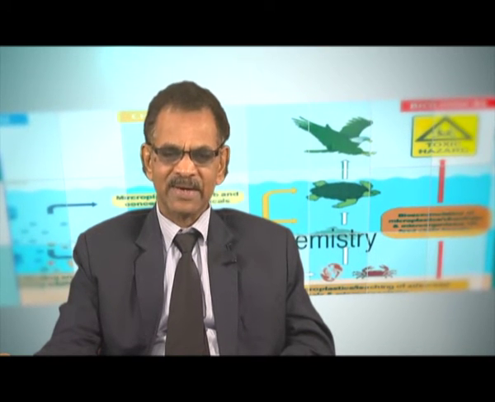Suppose for a gas, let us say X, this law is applicable to the equilibrium of this gas in water. That is, the concentration of the particular gaseous solute in aqueous medium is proportional to its partial pressure. The proportionality is governed by a constant, that is Henry's constant K, and this is the mathematical form of Henry's equation.